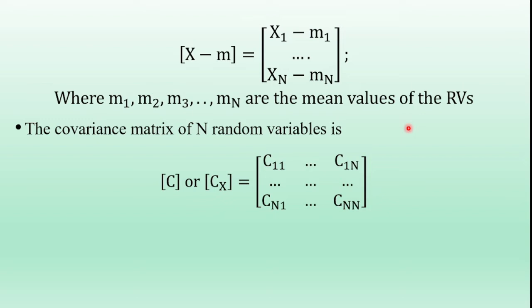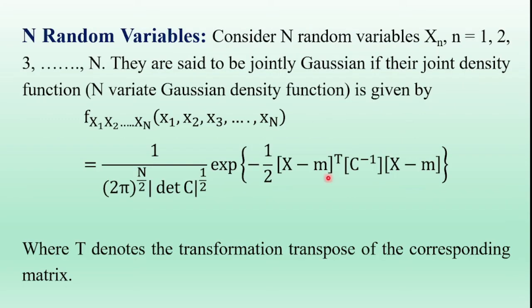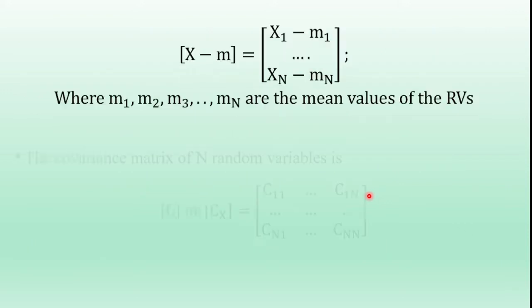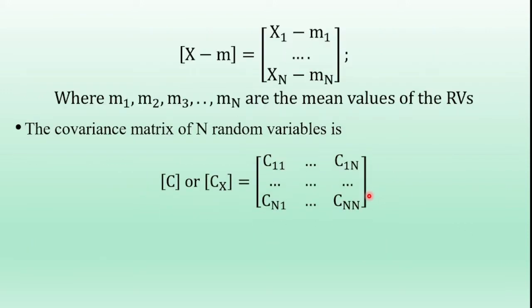And C in the above expression is the covariance matrix. The covariance matrix of N random variables is given by matrix C or Cx equal to C11, C12 and so on, C1n; C21, C22, C23 and so on, C2n; and so on, Cn1, Cn2 and so on, Cnn.